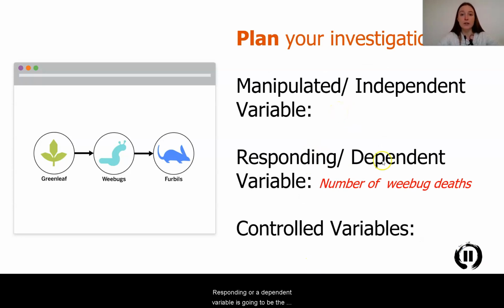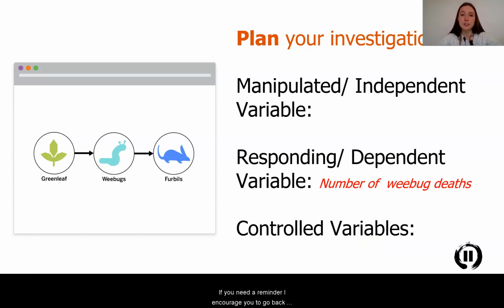Our responding, or our dependent variable, is going to be the number of wee bug deaths. Now obviously this is the thing that we are trying to look for and understand. So this is the thing we are going to measure. Our controlled variables are going to be things that we keep the same.